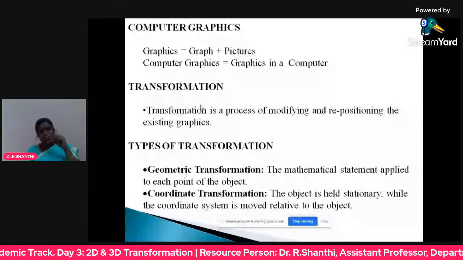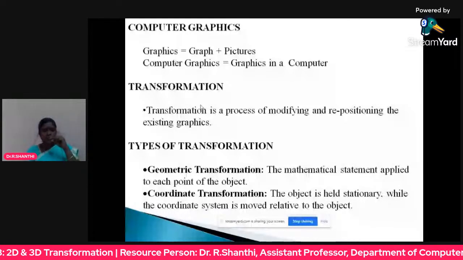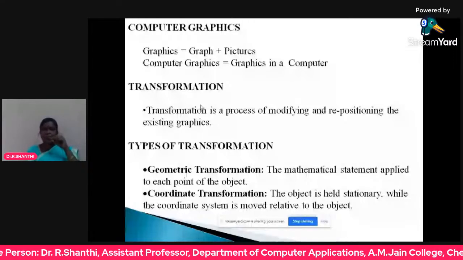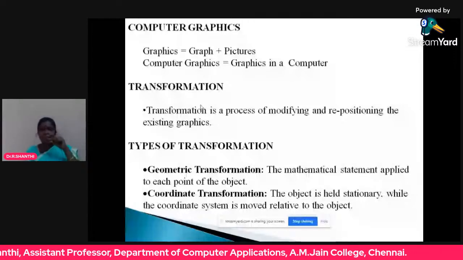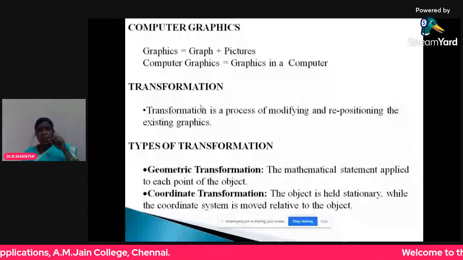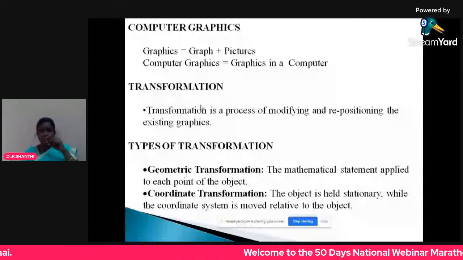Then getting into our topic, transformation. What is transformation? The name itself indicates you are transforming. Because in computer graphics, we are going to focus more on pictures. So you have an object, you have a picture.